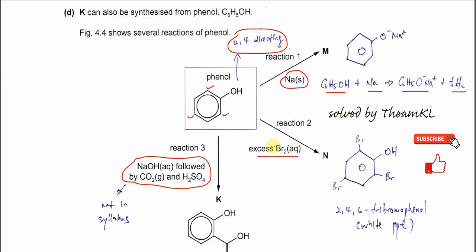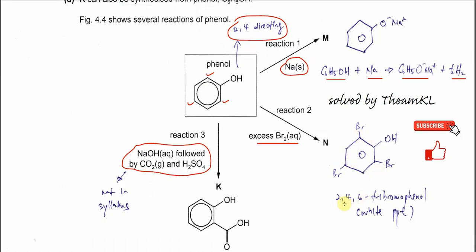So the bromine is the electrophile, and the substitutions in the benzene ring happen at these 3 positions. It means the bromines here will substitute the hydrogens at these 3 positions, right? So therefore it will form these products.